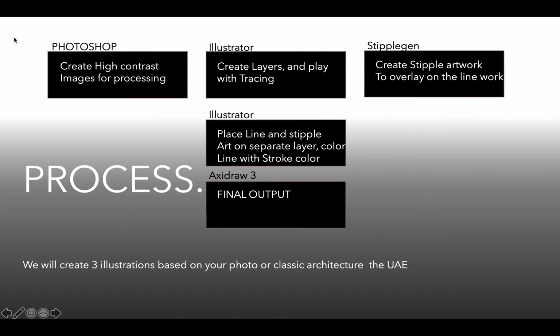And then what happens is that you'll create stipples, which you'll put on additional layers above your line work in Illustrator. So as you see here, you'll set up a layer, put your line work, take another layer, put your stipple work on top, and put your layers of stipple work on it, and you'll just assign colors to all of them, and you'll create a false color version of this that you'll give me, and then I'll just use my pens and the machine here, and we will generate the artwork.